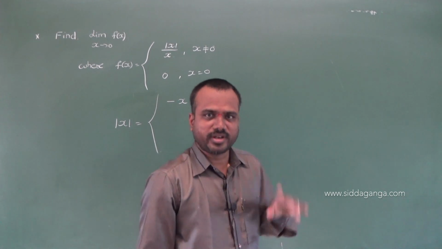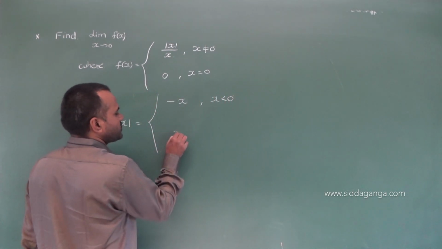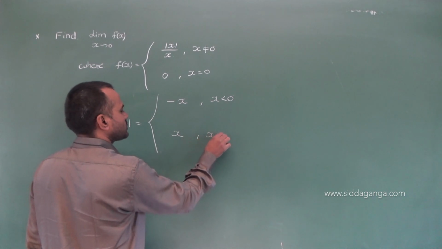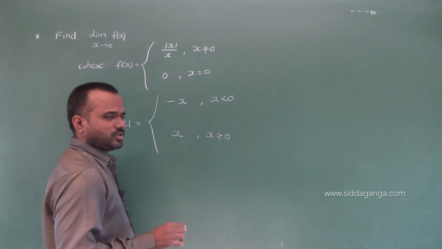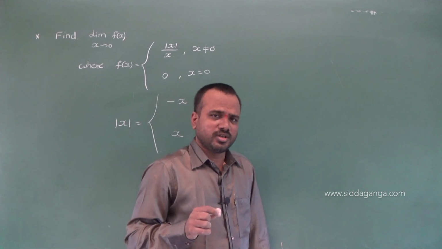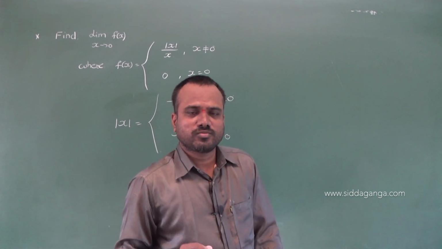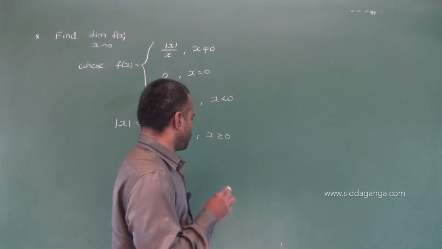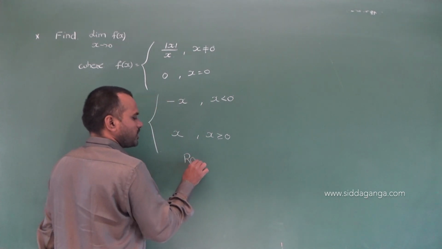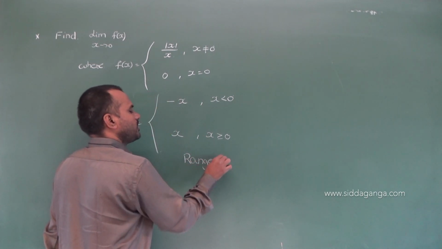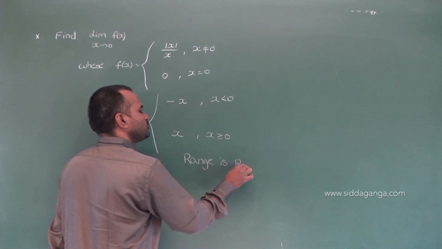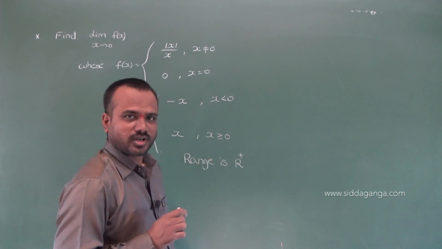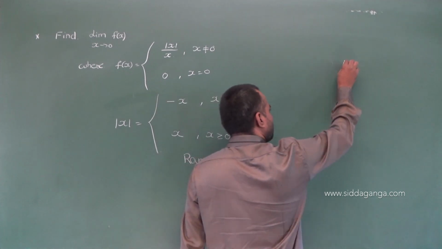If x is greater than or equal to 0, it is plus x. The speciality of mod is, if you substitute a negative value, the range is always positive. Range means output, a positive real number. So if you want, I can draw the graph also.